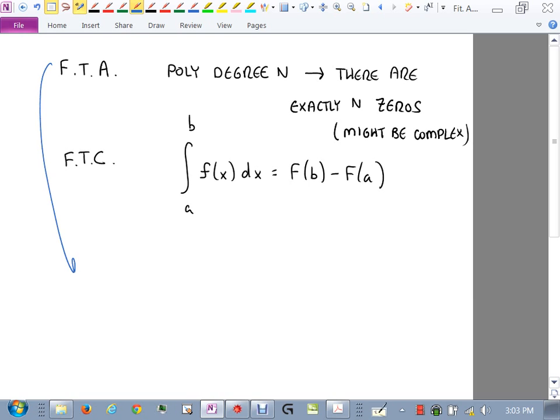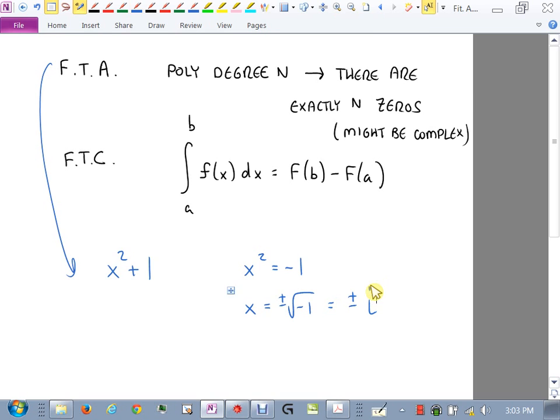An example of the fundamental theorem of algebra. If I take a polynomial x squared plus 1, that's a polynomial of degree 2, right? There should be two zeros to that. Well, I'd have to move over the negative 1, and then I get x equals plus or minus the square root of negative 1, which would be plus or minus i in this particular case, right?